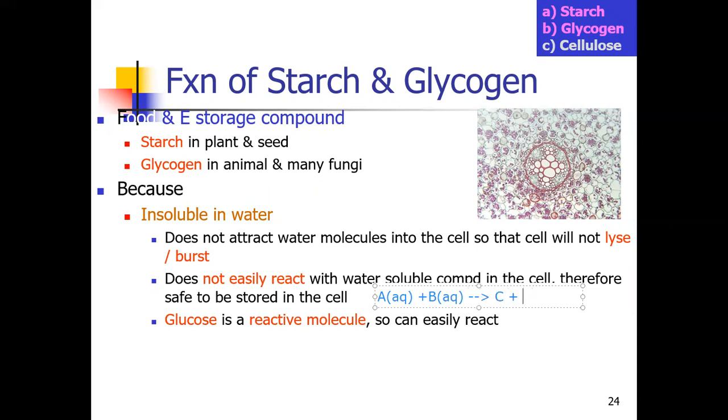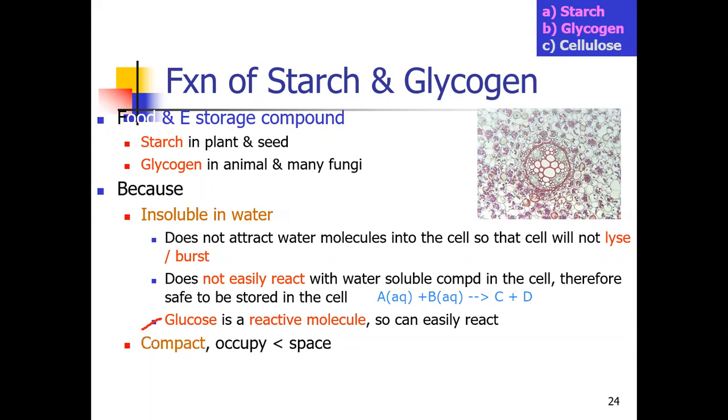So when the glucose is all converted to starch and glycogen, it is no longer soluble, so it will not react, and you will not lose it when you store it. Glucose is very reactive because it is soluble, so it can be converted to a lot of other things, like CO2 and water in cellular respiration. It can be converted to lipids. It can be converted to amino acids.